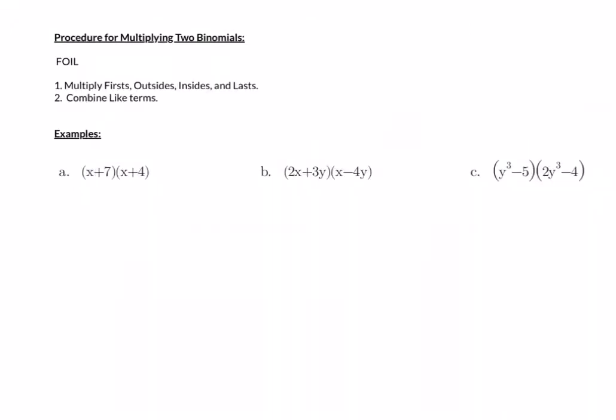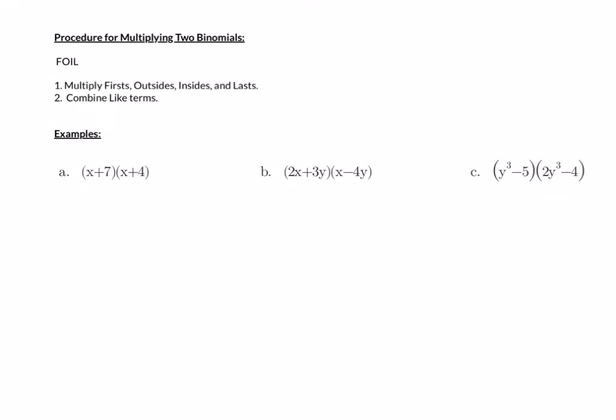All right, now let's go ahead and get into, this is a classic multiplication problem. We have our procedure for multiplying two binomials. And this is the one that we have the trick to remember it, which is FOIL. And all FOIL is just a memorization technique.